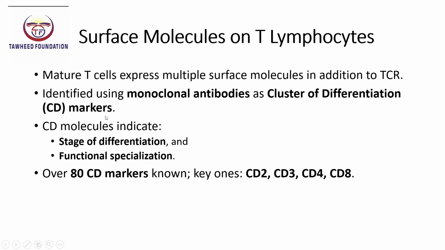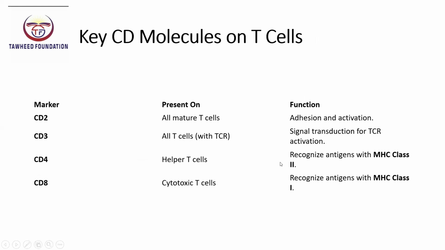CD markers provide information about the stage of differentiation and functional specialization of T cells. Over 80 CD markers have been identified, but the most important for T cell functions include CD2, CD3, CD4, and CD8. These molecules are critical in signal transduction, antigen recognition, and adhesion.